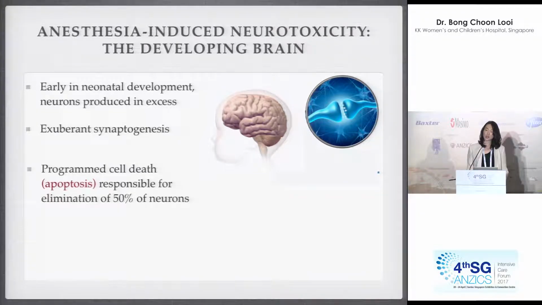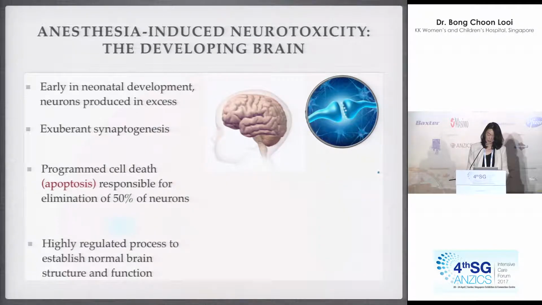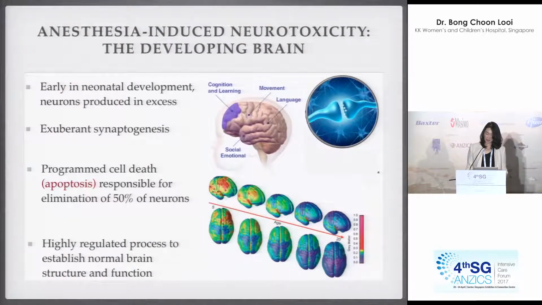And neurons that don't take part in this synaptogenesis are eventually pruned away by a highly regulated process of programmed cell death called apoptosis, which can be responsible for elimination of up to 50% of our neurons. Now, as I said, this is a highly regulated process as the brain develops to achieve its normal structure and function. And it is this process that is thought to be disrupted by anesthetic agents.